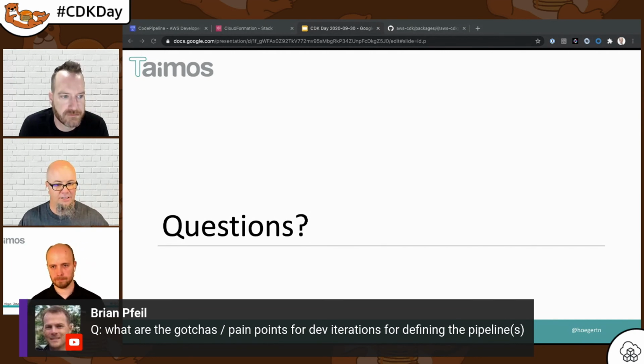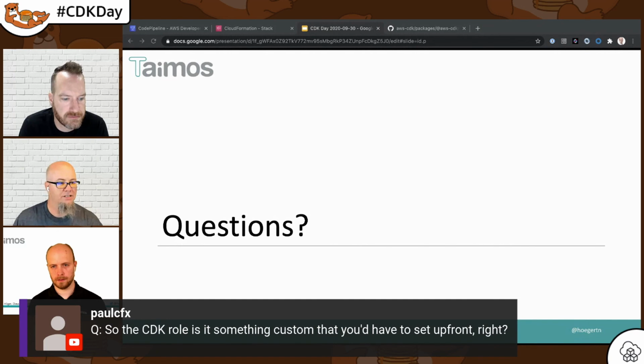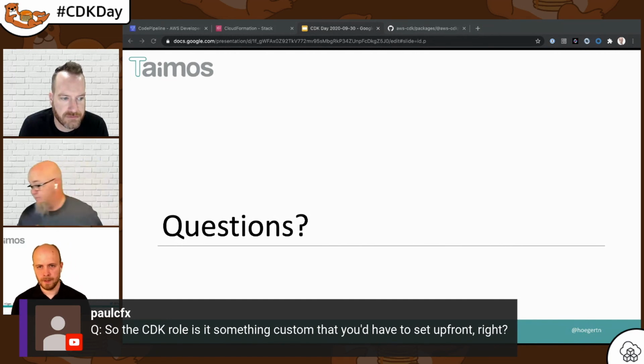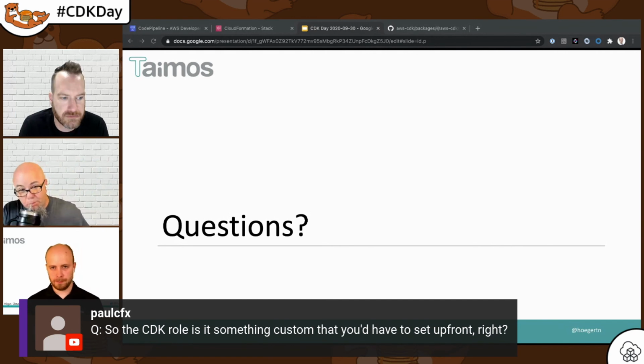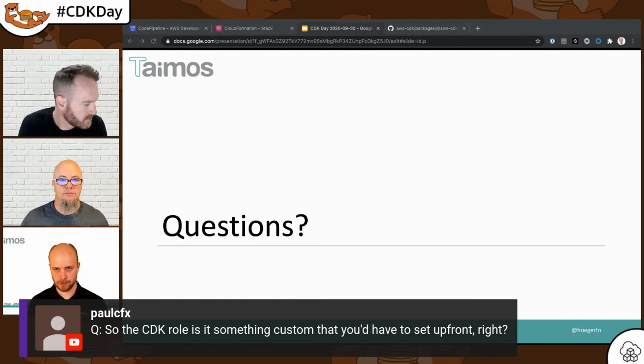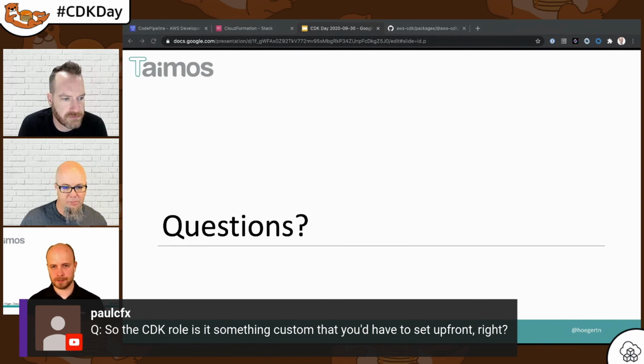And if I'm fine with it, then I do another deploy that's reactivating self-mutation and go back to production mode. All right, excellent. So one other one we have in here is, the CDK role, is it something that you'd have to set up front? You just have to do the CDK bootstrapping. And if it's not the right version of bootstrapping, it will tell you, please update to the latest version. And with the latest bootstrap version, it will create cross-account roles for deployment, for asset uploads, for repo pulling.